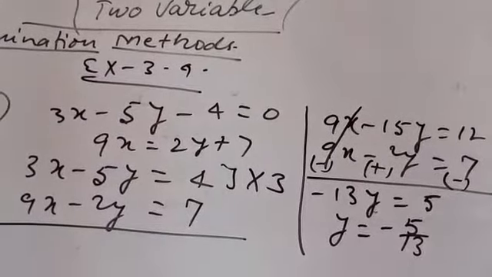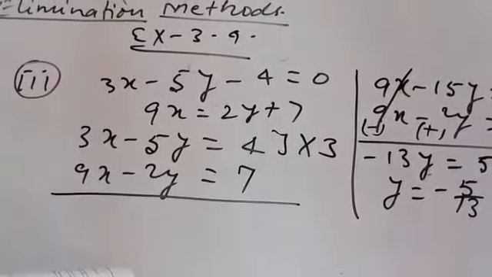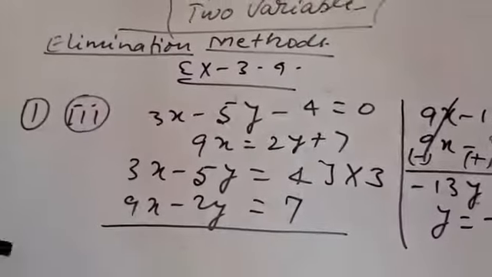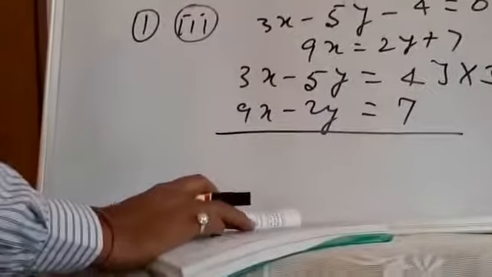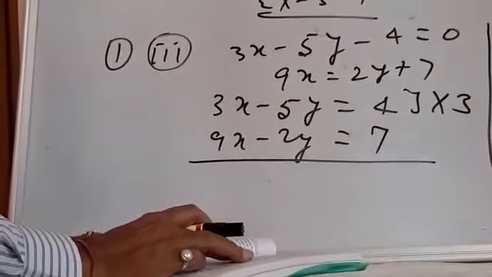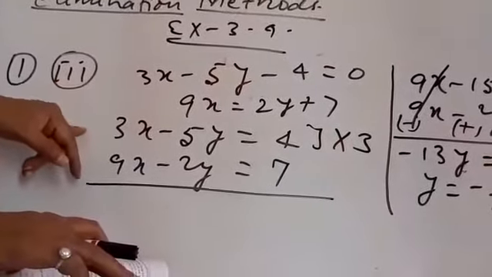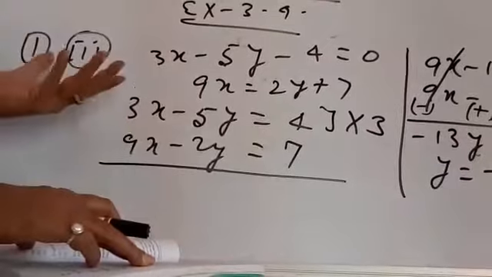So this is the elimination method, and using the example of this question, let us see the algorithm given for it. The very first step: multiply both equations by some suitable non-zero constant. Here it is multiplied by 3 for one equation only, but you could multiply both equations.